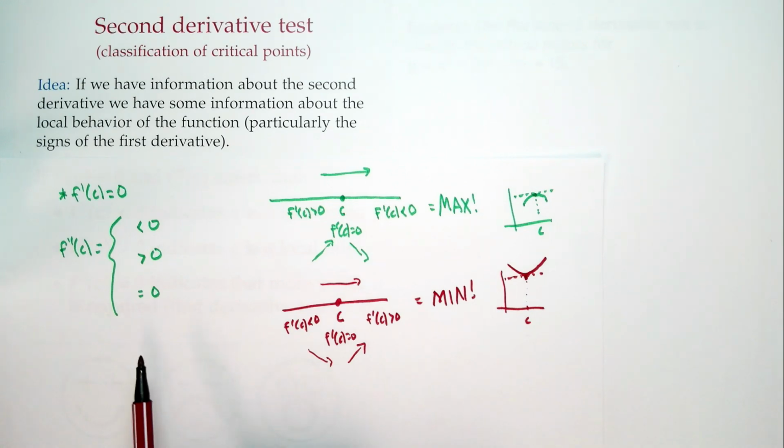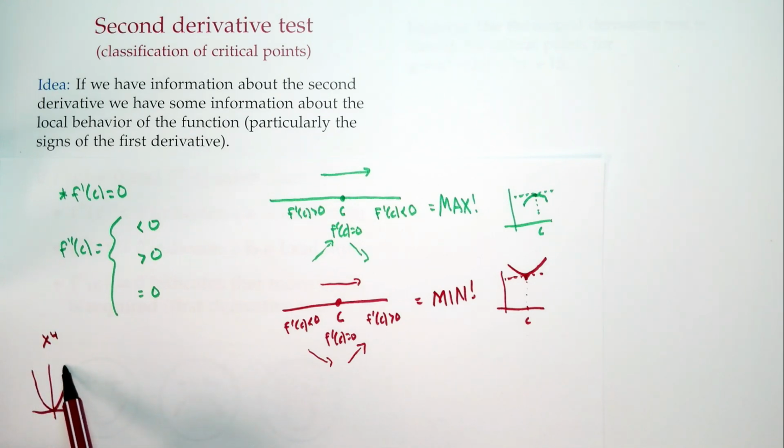Now what about 0? Well, the problem is lots of things can happen with 0, and so you don't have enough information. As an example, we could say x to the fourth at 0. That looks something like this. Negative x to the fourth at 0 looks like you flipped it upside down.